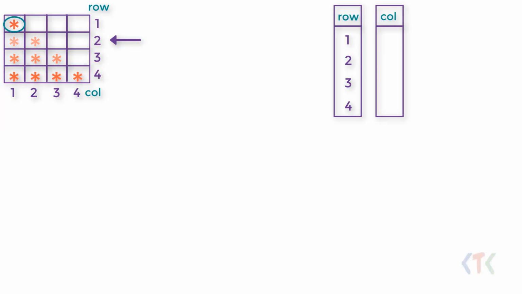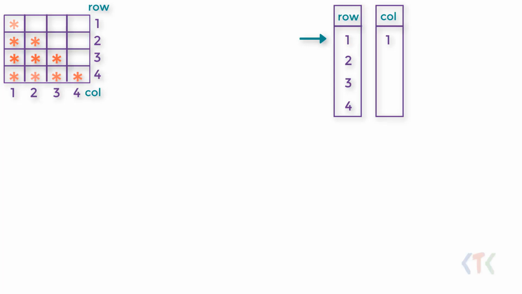When row becomes 2 and column is 2, we have to print the star twice. And when row becomes 3, the maximum value of column becomes 3. So you can see now that the maximum number of times the inner loop of column will execute is equal to the row number. When the value of row is 1, the inner for loop of column will execute 1 time.